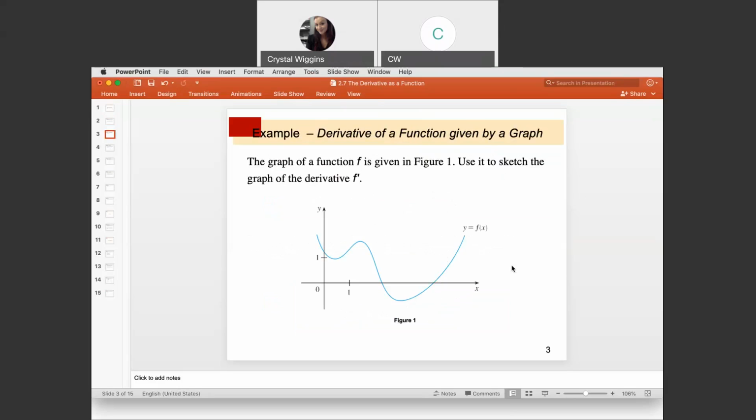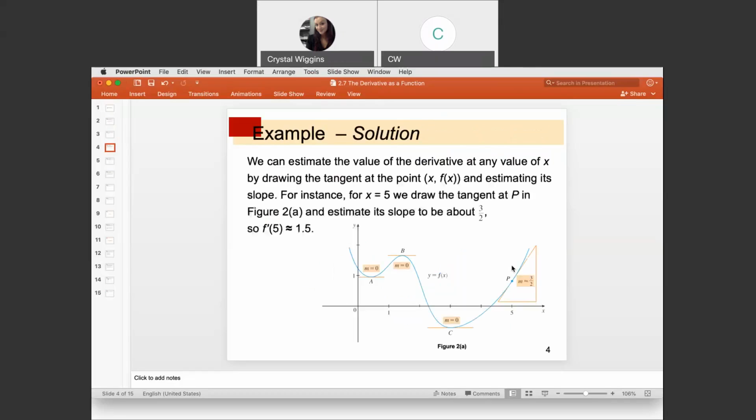Okay, well, recall that the derivative represents the slope of the tangent line. So if we are looking at the slope of the tangent line at every single point, we can then denote what the graph of the derivative would be. So let's first start with where the graph of the derivative is equal to 0, meaning intersecting the x-axis.